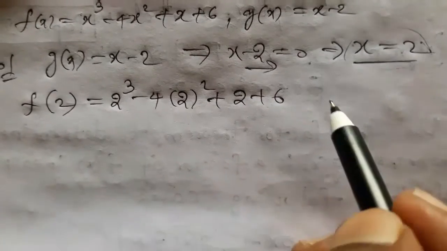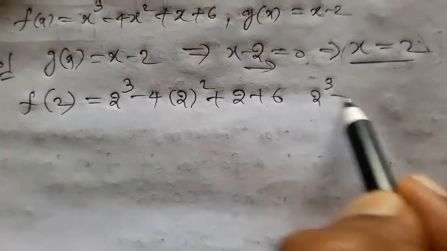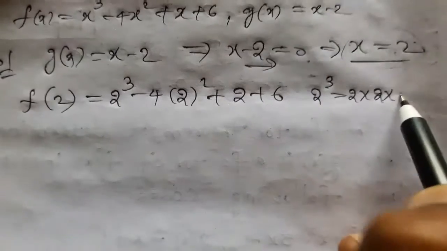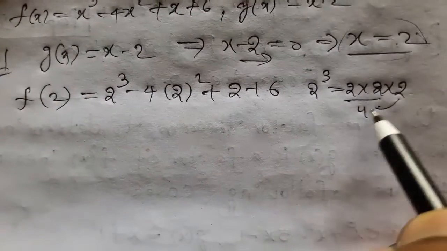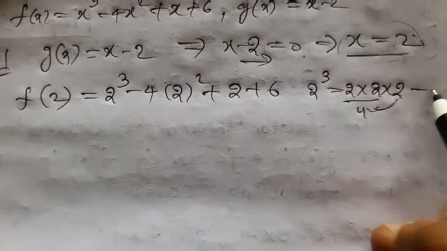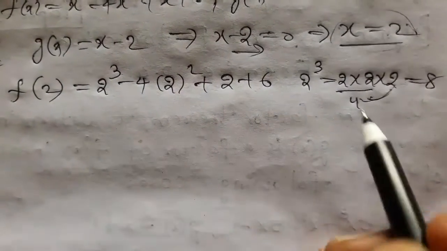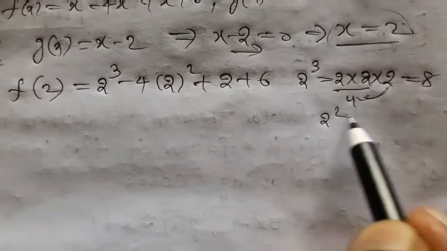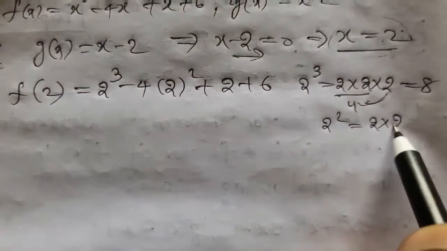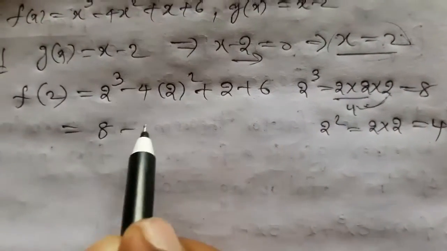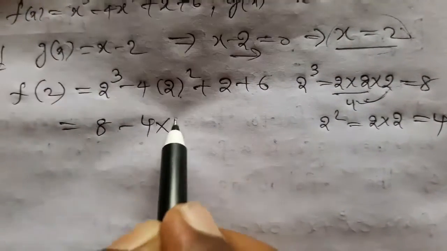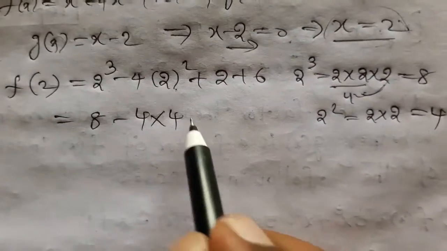See here, 2 cube means 2 multiplied how many times? 3 times. 2 2s are 4, 4 2s are 8, 2 cube is 8. Next 2 square is also there. 2 square means 2 multiplied 2 times, 2 2s are 4. Now that is equal to 8 minus 4 into 4.